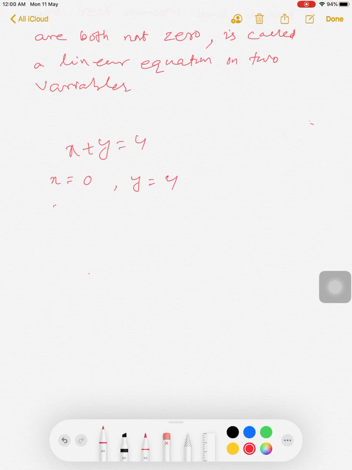If I have x equal to 1, I have y equal to 3. If I have x equal to 2, I have y equal to 2.